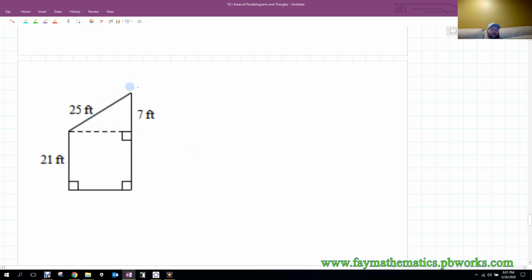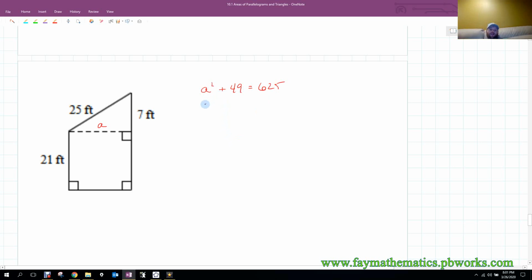What I'm going to do here is work around and try to figure out what this dotted distance is. This is a right triangle, so the Pythagorean theorem should work. If I call that A, then A squared plus 7 squared should equal 25 squared.